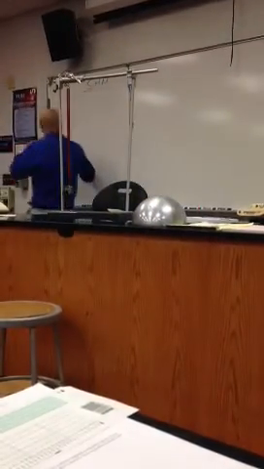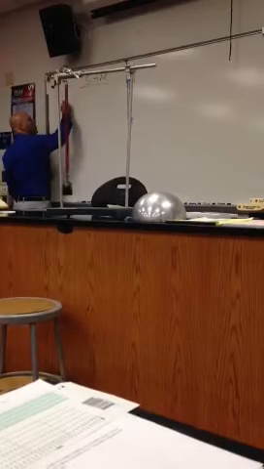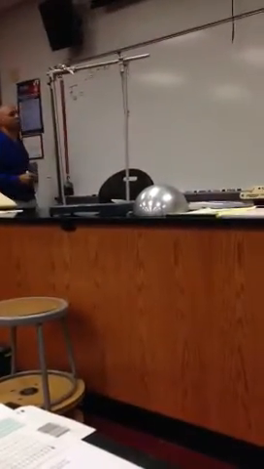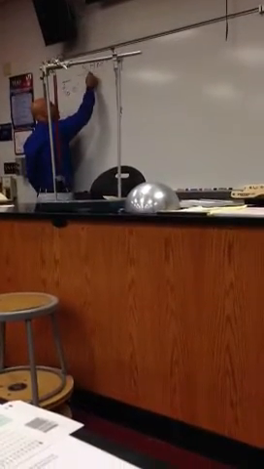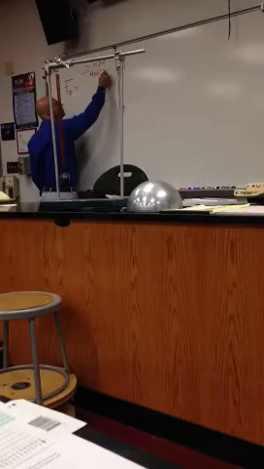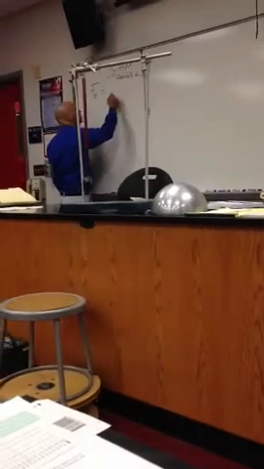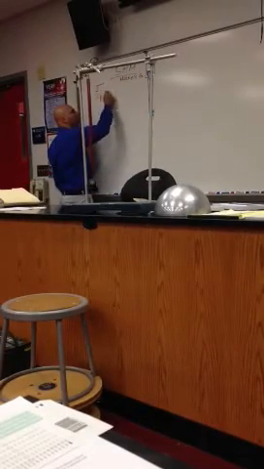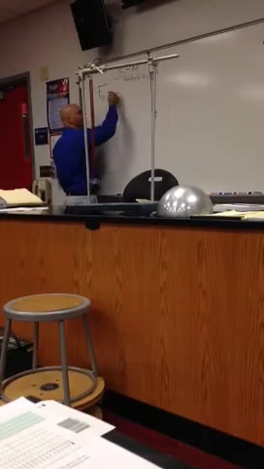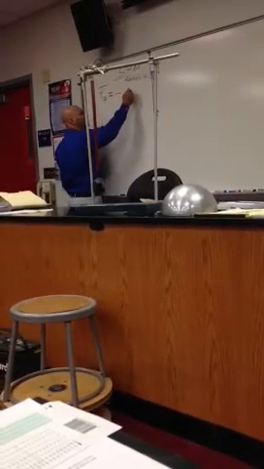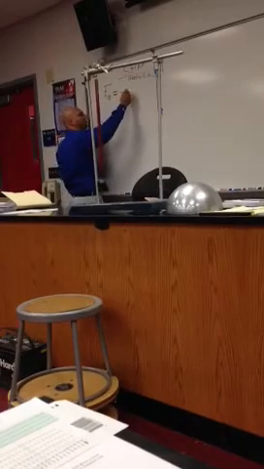So the force done by the spring, according to Hooke's law, will be opposite to the displacement. So negative, because it's opposite to the displacement from the point of equilibrium.